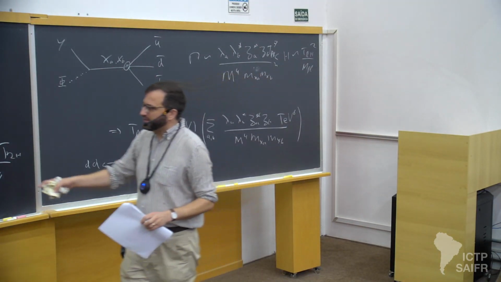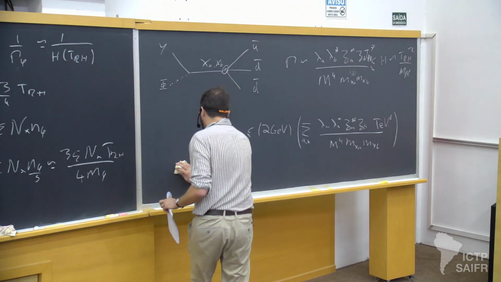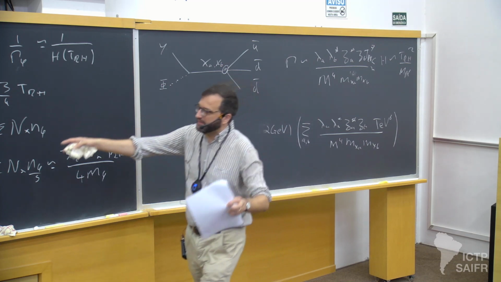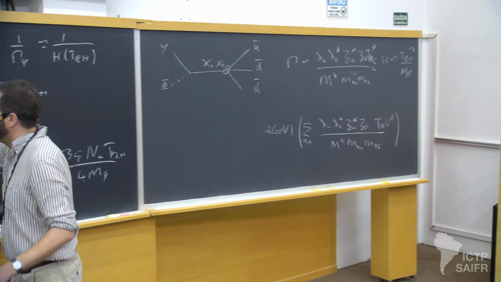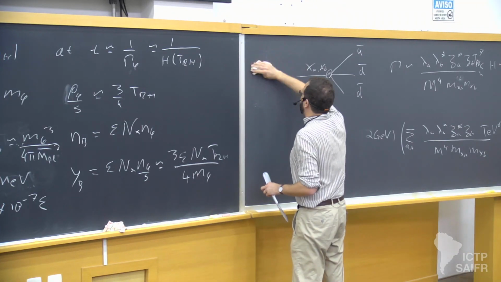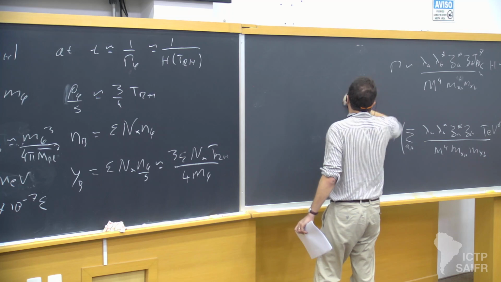And the reason why they're interested in this low scale, so in principle you could imagine, okay, why is there this complication with this long-lived phi? Why don't we just go to the thermal decays in a thermal bath?